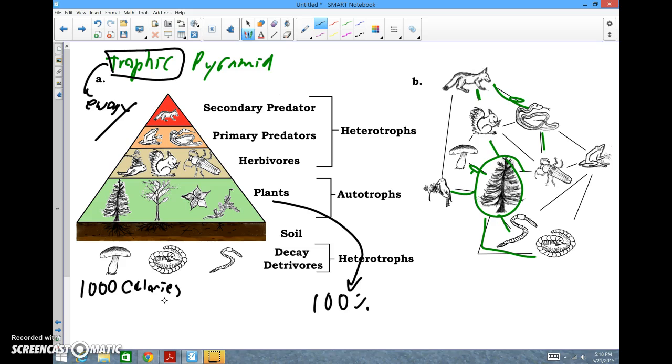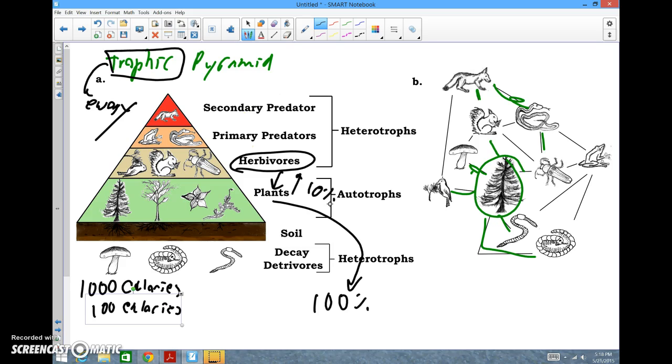By the time all of these herbivores have eaten the plants and lived and hunted and run away from predators and found the plants to eat and reproduced, the energy that went from the plants to the herbivores was 100 calories. When you went from plants to herbivores, it was 10%. 10% of that energy was available for the next level of the pyramid.